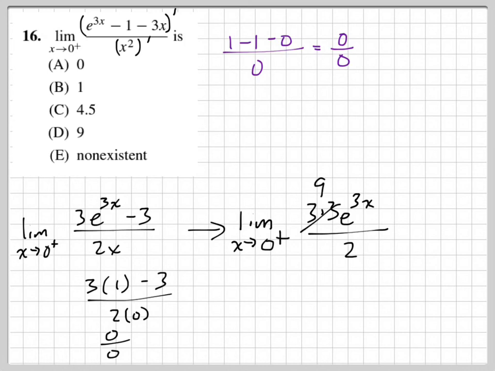So I have 9 times e raised to the 3x over 2. If I plug in 0 this time, let's see what happens. Something different. We get 9 times 1 on the top, because anything raised to 0 is 1. And 2 on the bottom, so it's 9 divided by 2, which is the same as 4.5. That's our answer.